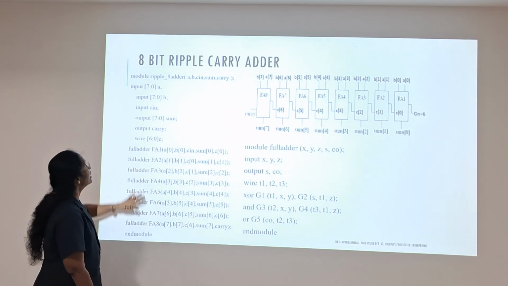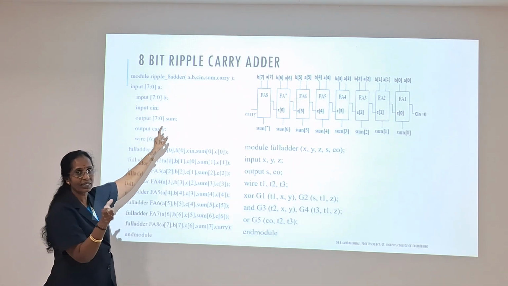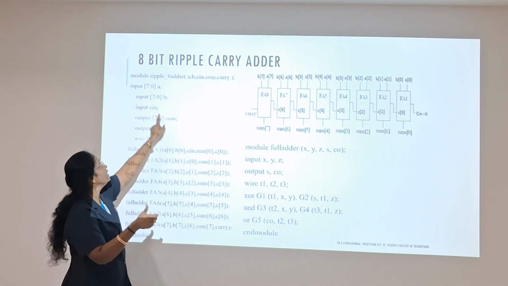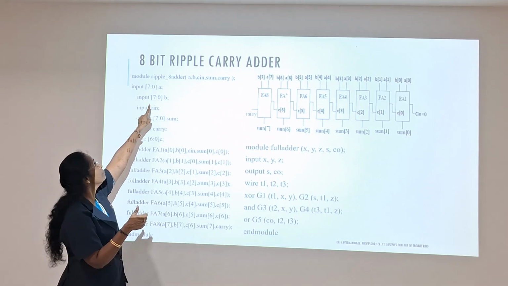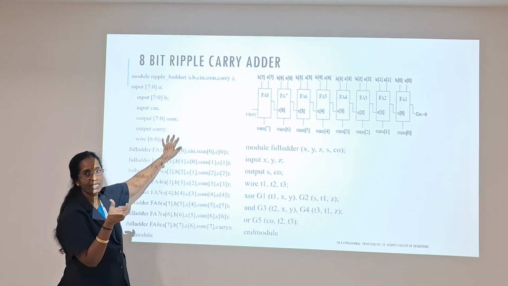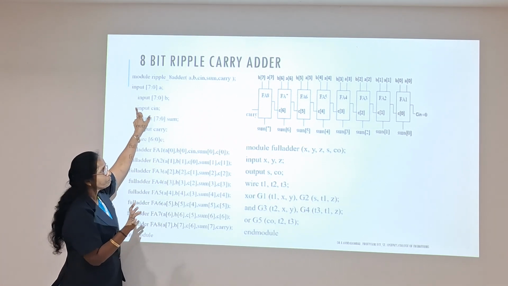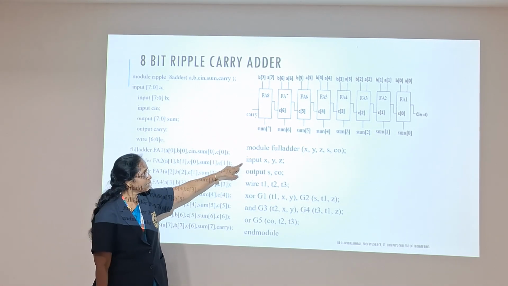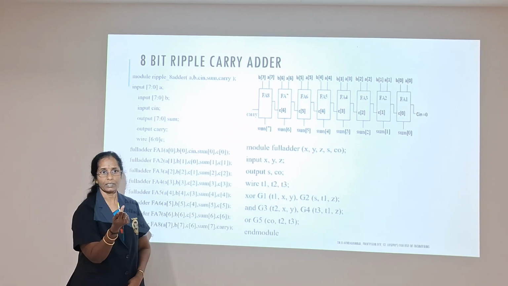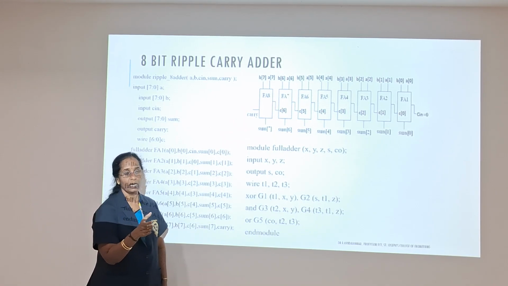Okay. Now I have given a module name, ripple_8_adder. It is a user friendly name. You can use any name for it. Here I have named it ripple_8_adder, and then A, B, Cin, some new input variables I have chosen, and the sum and carry as my outputs. In the basic full adder, these X, Y, Z are 1 bit, whereas in the ripple carry adder, it is going to be 8 bits wide.